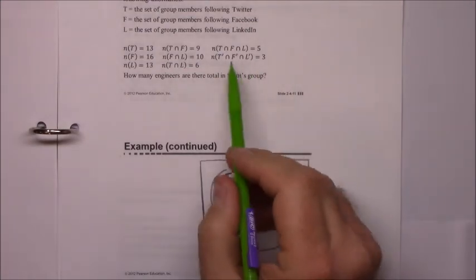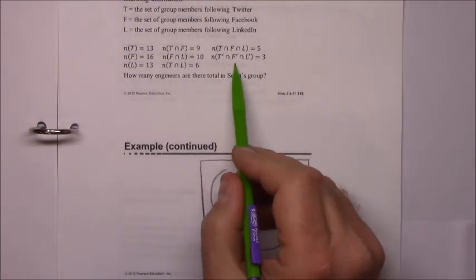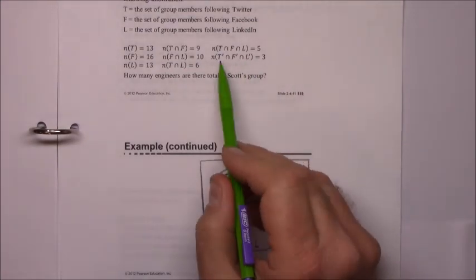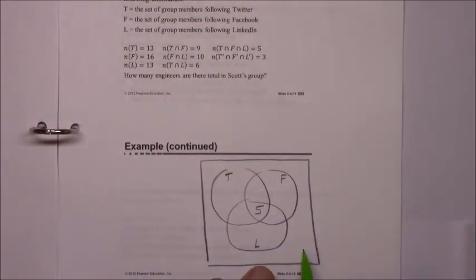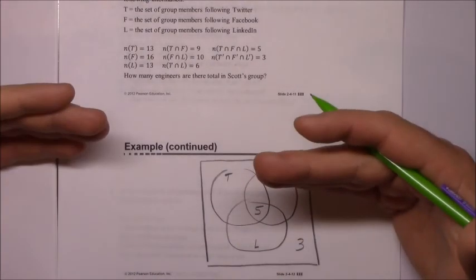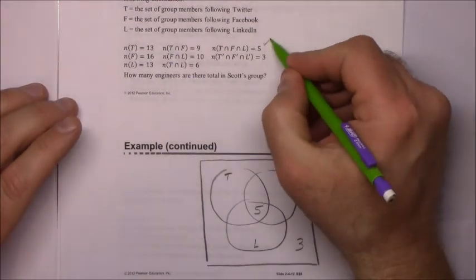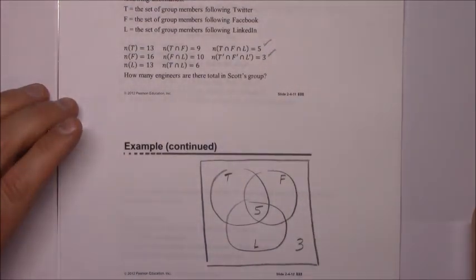At the same time, T prime intersect F prime intersect L prime, not Twitter and not Facebook and not LinkedIn. So basically the outskirts here contains 3 individuals. And then you just work your way up from there. So we've got both of those pieces of information in our picture.